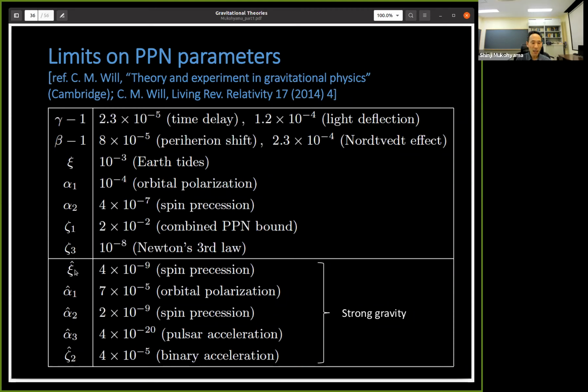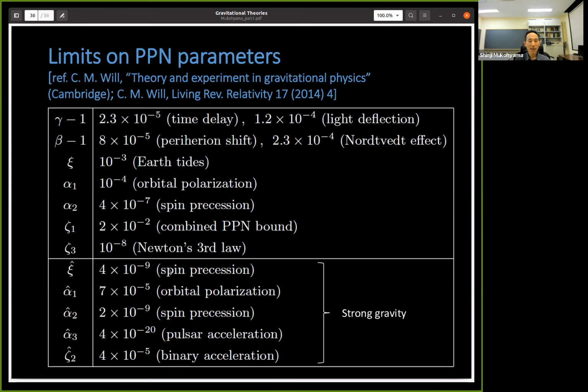They are sometimes denoted as, say, zeta hat, alpha_1 hat, and so on. This is a strong gravity version of alpha_1, and as a result we have different constraints. So if we want to consider some theory beyond general relativity, we need to take these constraints into account.